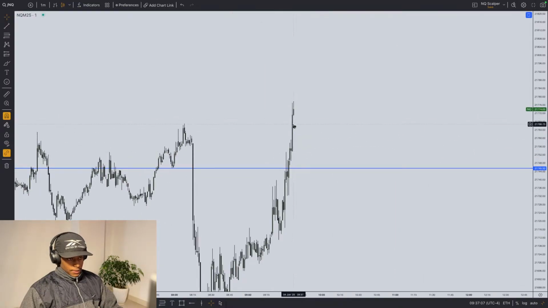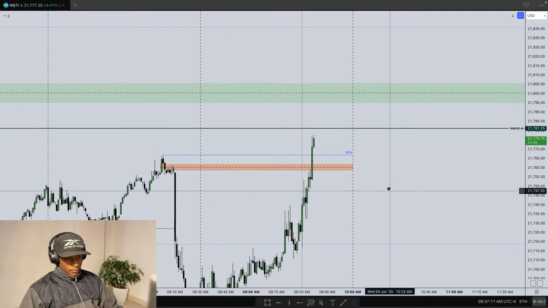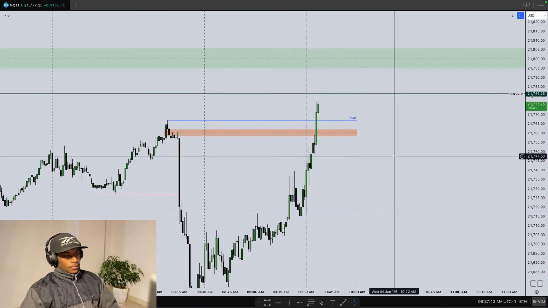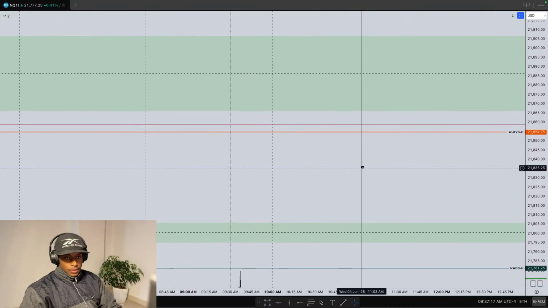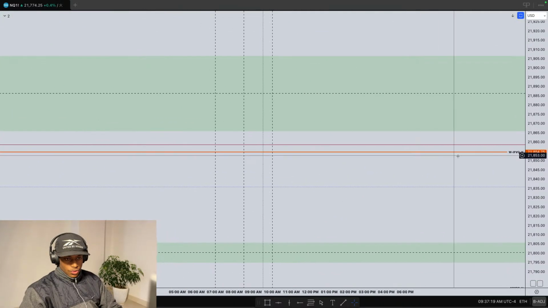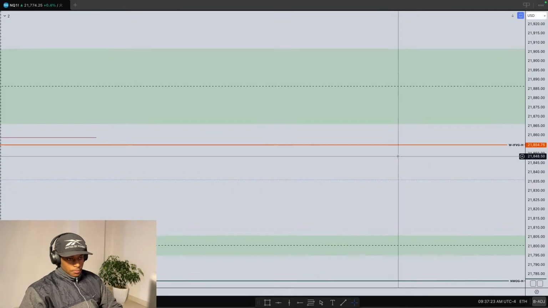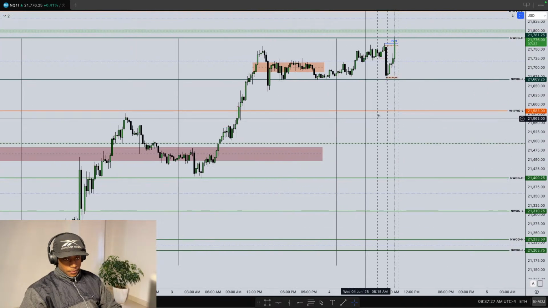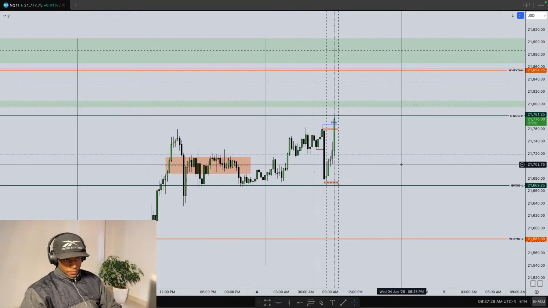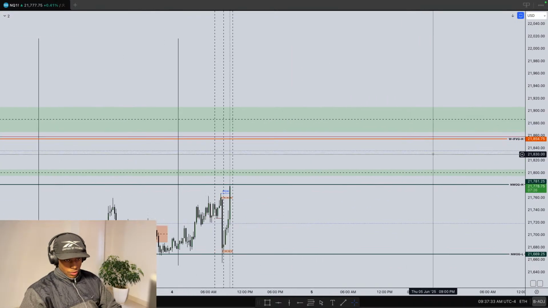Possibly we could have the first presentation in here. And I wanted to mark this out. This is our initial drawn liquidity.